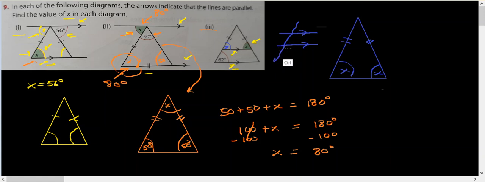What we know is that this angle and this angle will be equal to each other, and that's the setup we have here. So this is 62, so therefore this x here has to be 62 as well. So if this x on this side is 62, then this one has to be 62 as well, because these lines are equal to each other. So that's 62. Okay.